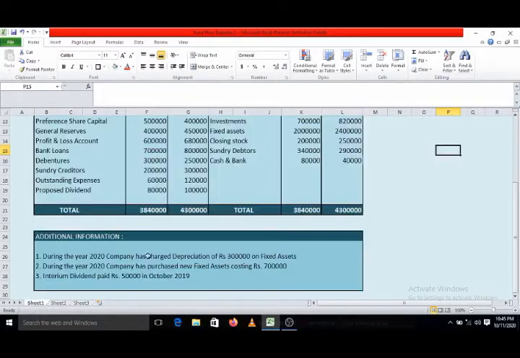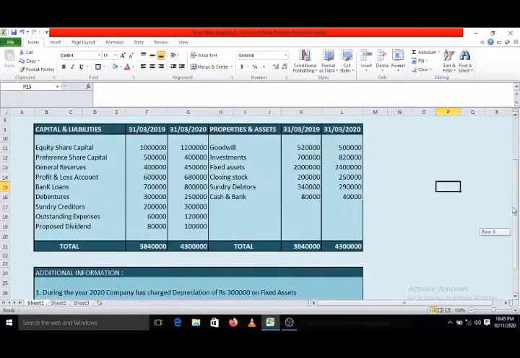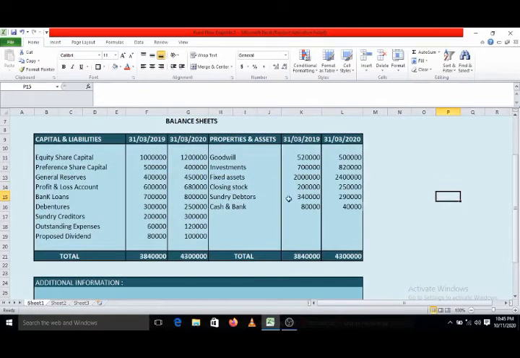Go to your main example balance sheet. Check on the asset side which different current assets are there: closing stock, debtors, cash and bank balance. For the first year, 2019, closing stock is 2 lakhs, sundry debtors 3 lakhs 40,000 and cash and bank balance 80,000.